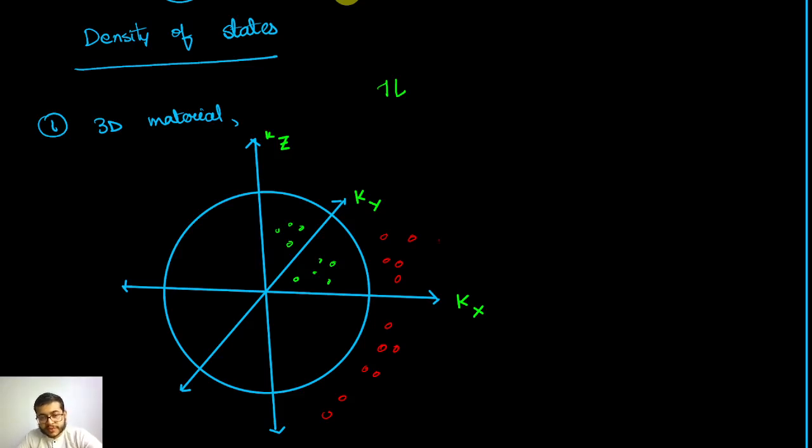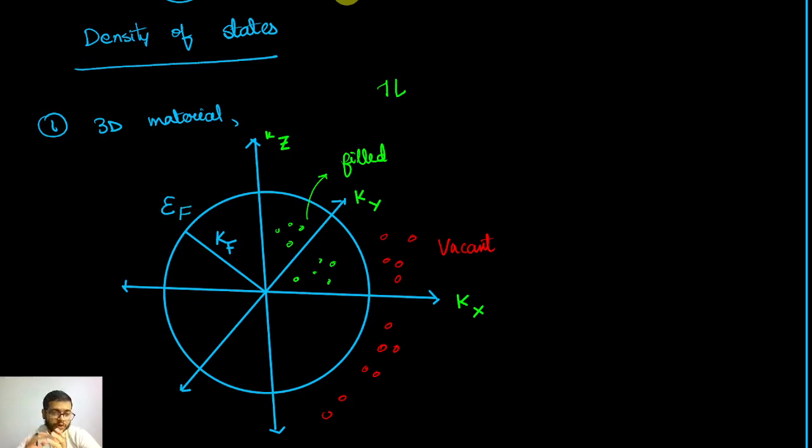Now this blue sphere is the Fermi sphere. Let's say the radius is kF, the Fermi momentum, and the energy at this radius is EF, or the Fermi energy, and this whole surface is called the Fermi surface.